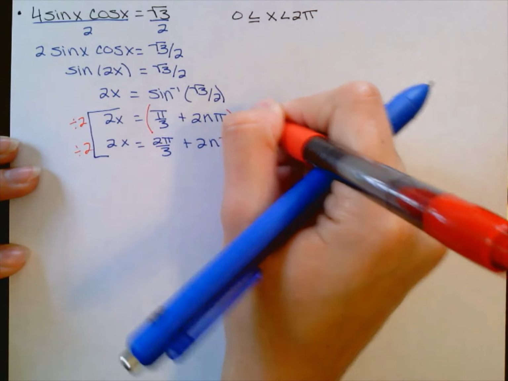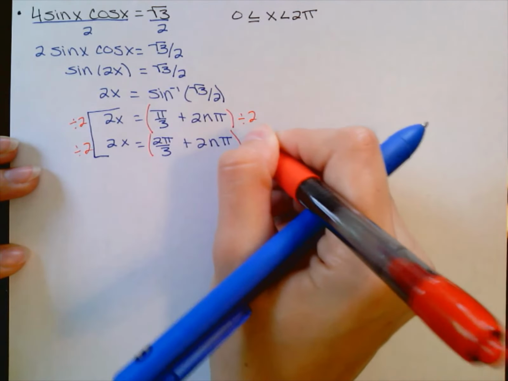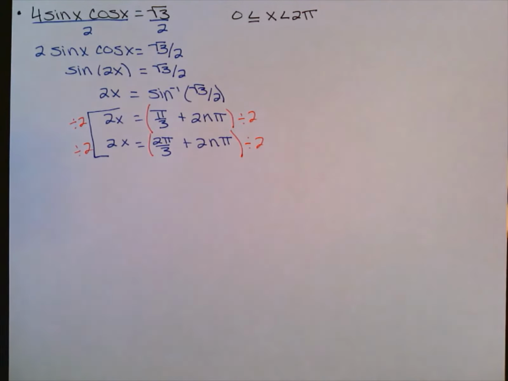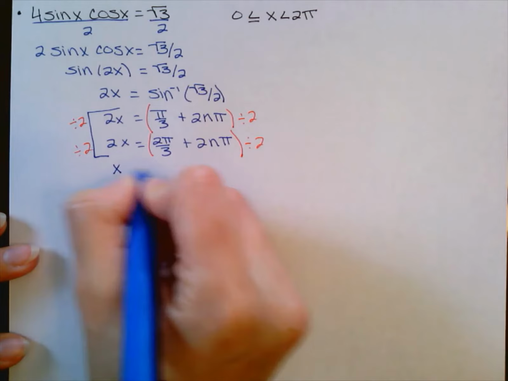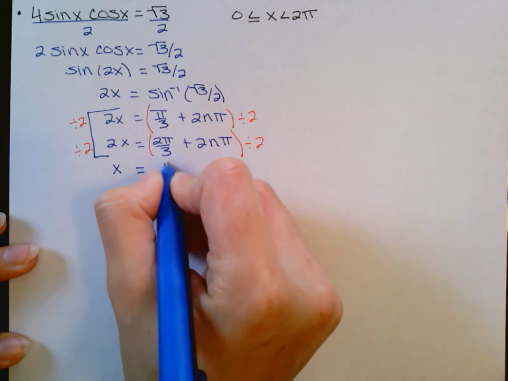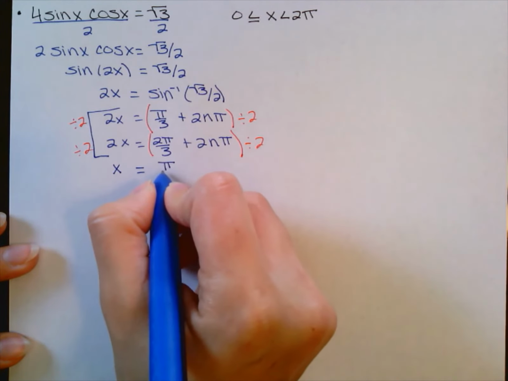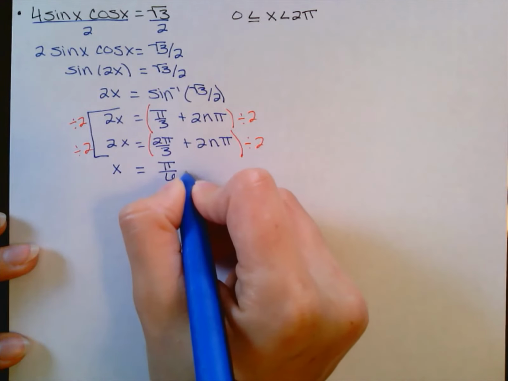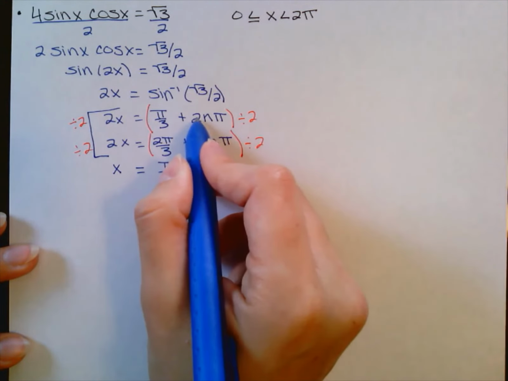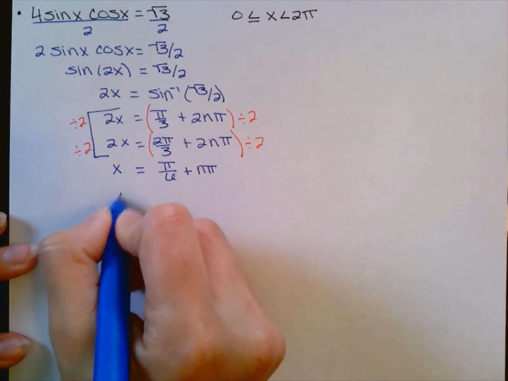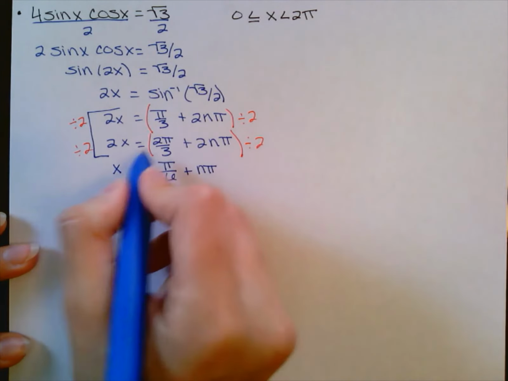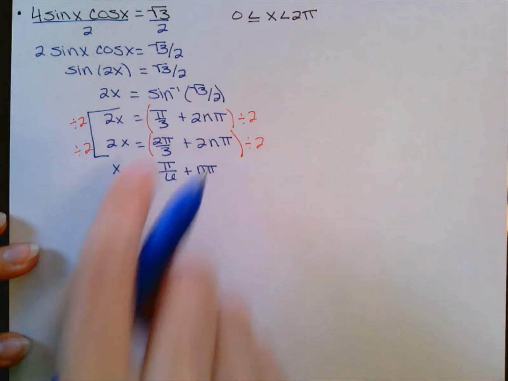Now again, you can see this as dividing by 2 or by multiplying by half. Both work the same exact way. So here I end up with x equals, if I'm dividing by 2, the denominator gets multiplied, so I have pi over 6. Plus, and here dividing by 2 cancels this 2 out, just adding n pi. If I'm dividing by 2 here, it cancels out with that 2.